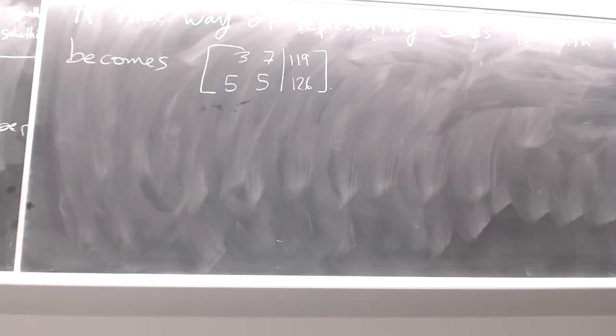And now our goal is, so there's no x's and y's anymore, right? We want to transform your matrix into one that looks like 1, 0, 0, 1, and then something here.